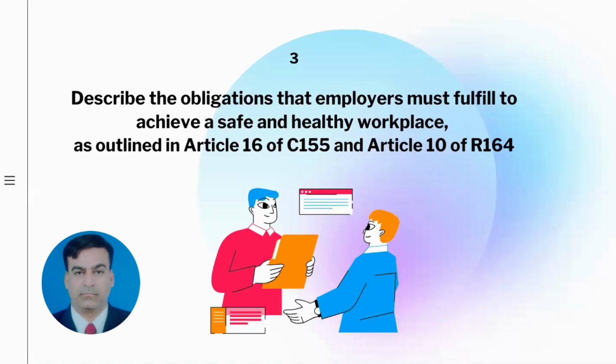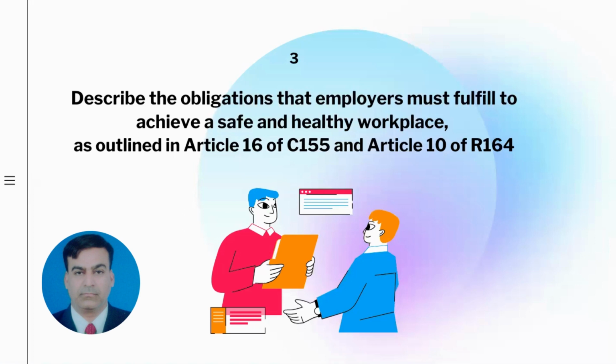Employers have an obligation to provide adequate protective clothing and protective equipment to prevent the risks of accidents or adverse effects on health. This means that employers must assess the hazards present in the workplace and identify situations where the use of protective clothing and equipment is necessary to protect employees from potential harm.